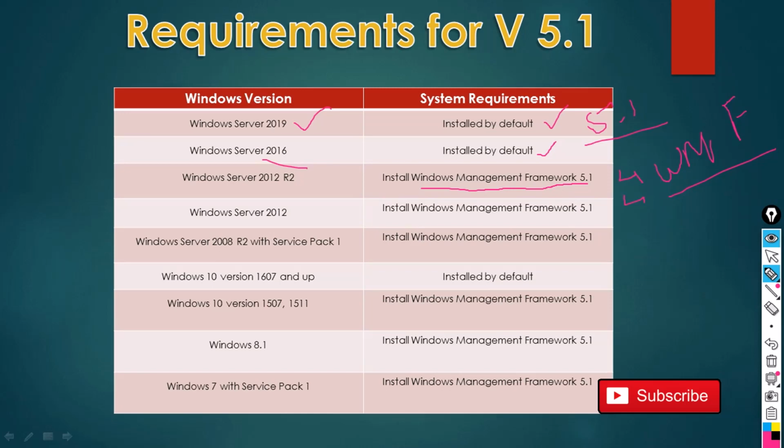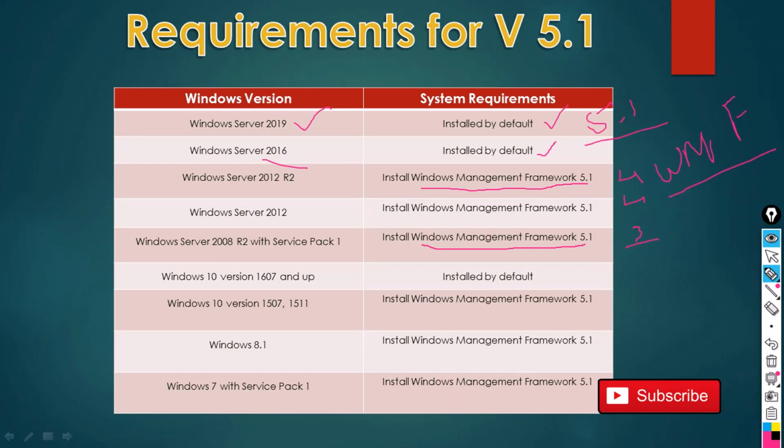And then 2008 R2 Service Pack 1 came with version 3 of Windows PowerShell. So you can always go back and install version 5.1 of WMF again to get to the latest version, which is version 5.1.